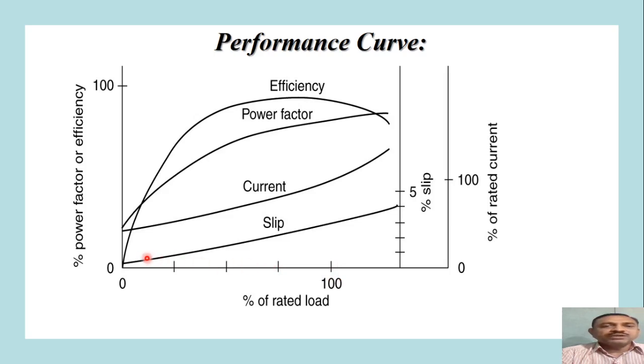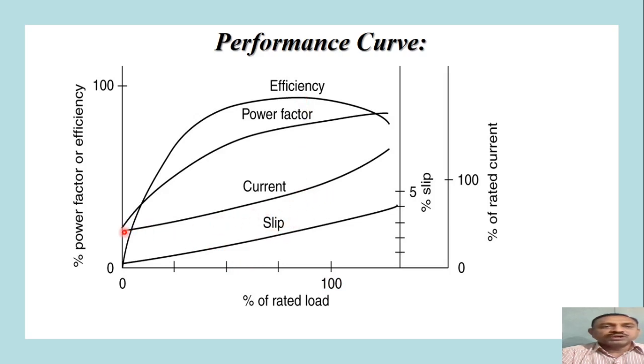For every reading, we will obtain the values of the slip, current, power factor, efficiency, and we can plot them on the y-axis, where x-axis will give us the percentage of rated load condition, and y-axis will have these different parameters. So the nature of the curve are shown here.